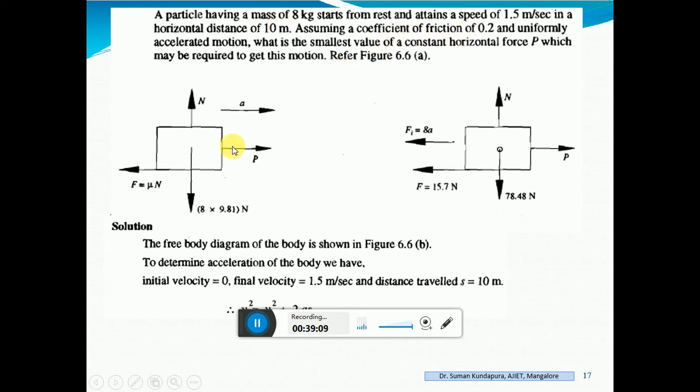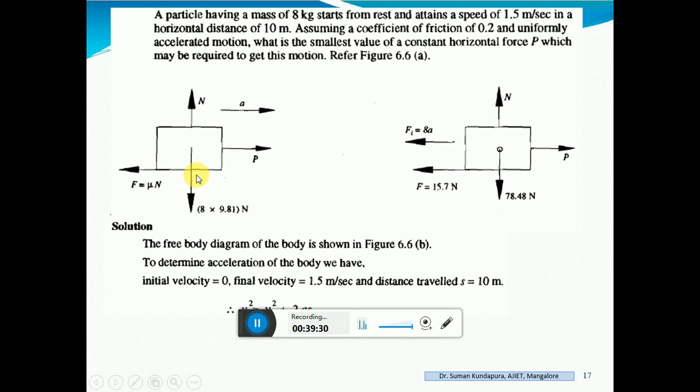Assuming coefficient of friction, whenever the body is moving, we have studied in the concepts of friction that when the body is moving in this direction, there is a friction force in the opposite direction. So F is equal to mu into N. What is N? N is the normal reaction applied by the contact surface. Do you remember?